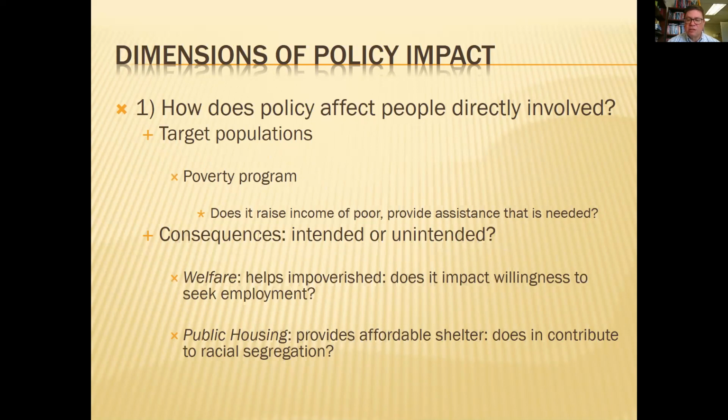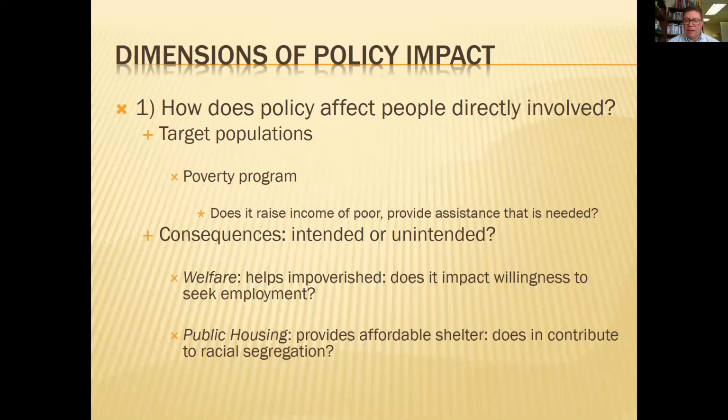Now, one of the things that we've seen is that, sure, it has provided shelter, but the way that we developed our public housing program, particularly in the 50s and the 60s, was we redeveloped whole areas of inner cities, and we tore down whatever was there, and then we built high-rise apartment complexes that were basically centralizing the poor in one specific area. What that tended to do was, A, concentrate poor people in one area, and at the same time, segregate them from the rest of society.